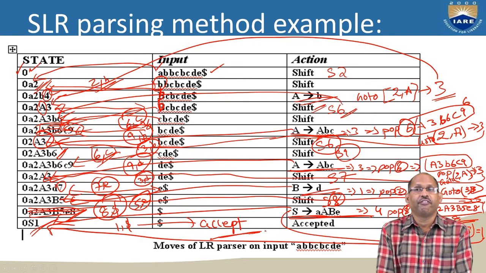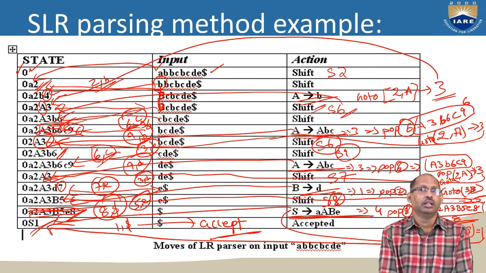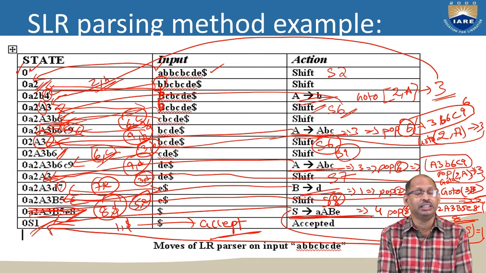So finally, the string A, B, B, C, B, C, D, E is accepted. Here we are representing each shift action and reducing the productions respectively, and we are replacing the terminals with the non-terminals.